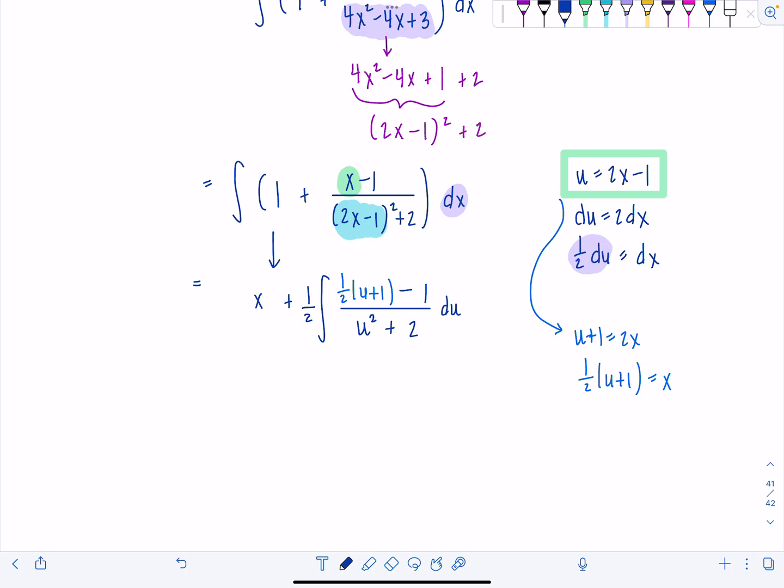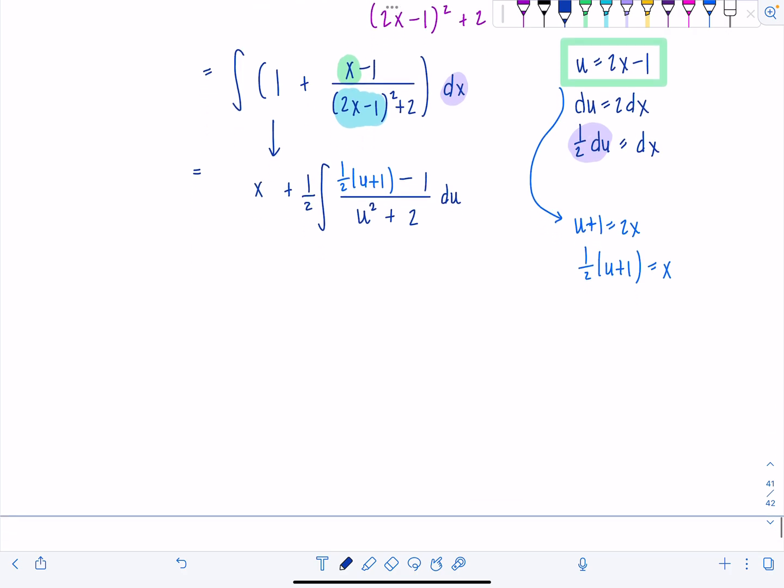I know, a lot's going on, but once you've seen this technique applied a couple times, you get used to it. The first time might be somewhat shocking, I understand. Okay, we've got x plus 1/2. Let's tidy this up. We have 1/2 u plus 1/2 minus 1 over u squared plus 2 du.